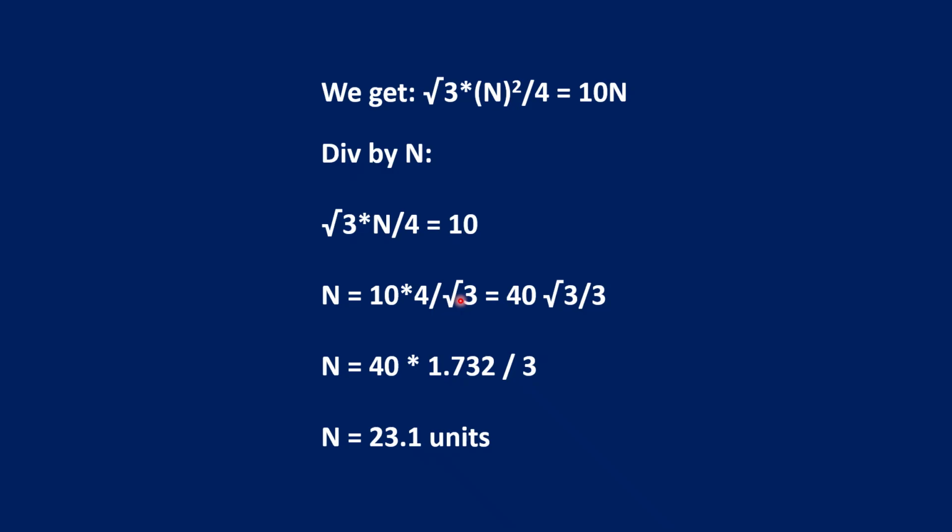We rationalize by multiplying numerator and denominator by root 3, and we get 40 root 3 by 3. Putting the value of root 3 as 1.732, we get n as 23.1. So 23.1 units is the length of each side of the equilateral triangle.